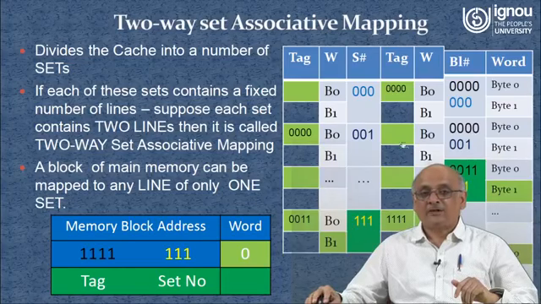So what we are going to get, it can be either in this particular line or this particular line of set 0, any of the 2 lines. So how will we come to know which set it is going to be? 28 divided by how many sets are there? 4, right? So 28 modulo 4, what do we get? The remainder is 0. So it can be in set 0.